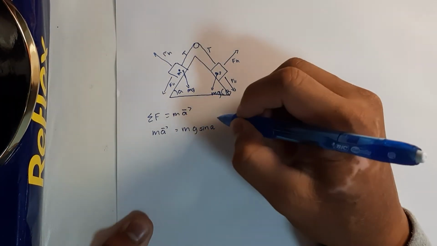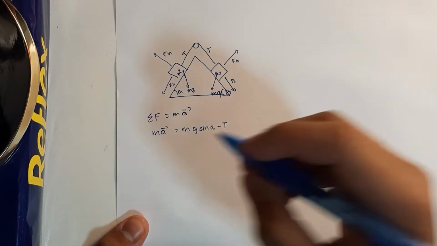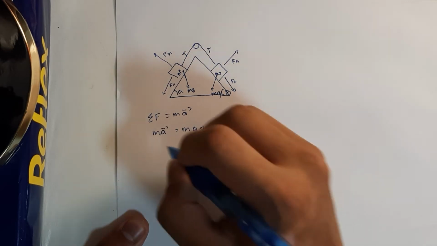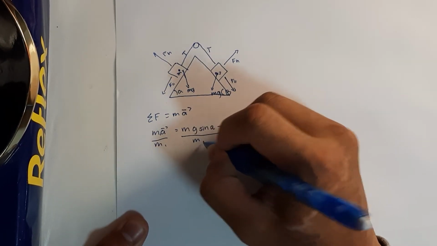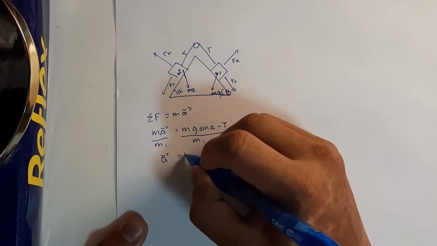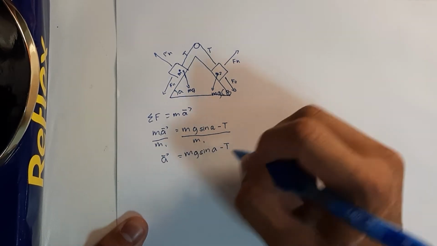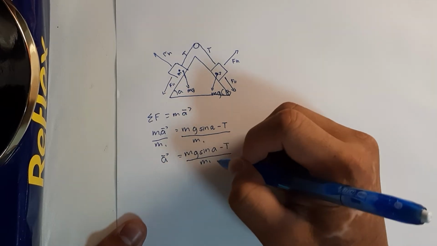Now, minus the tension force, it's m1, so divide all that by m1 to get the acceleration. So a is equal to m1 g sine alpha minus T over m1.